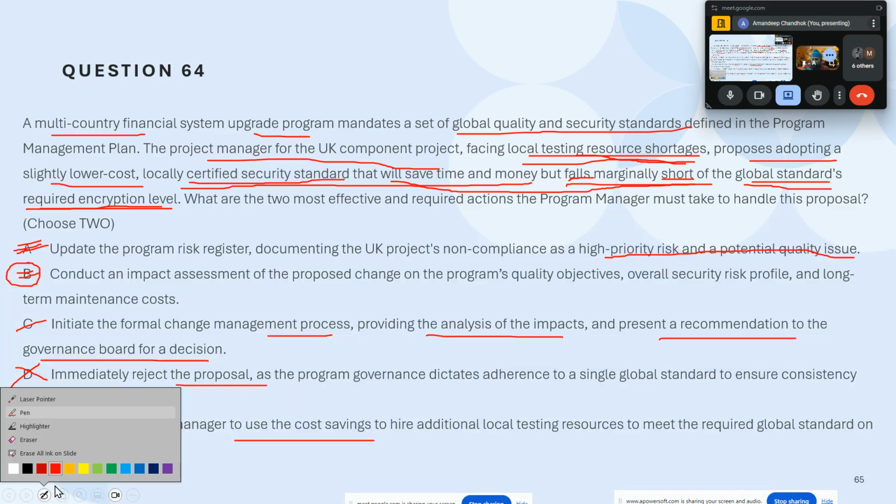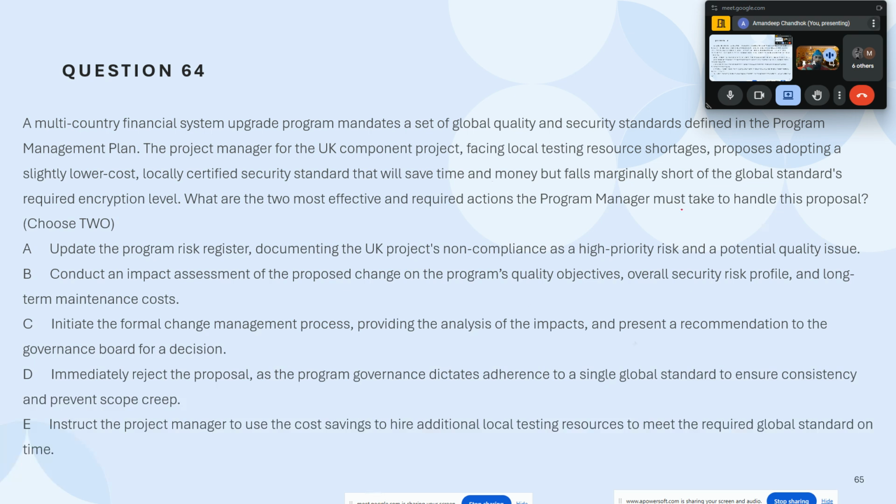I'm just going to clear off all because there's a lot of ink now. In the question, do we have anything which talks about risk? Do we see any keyword like threat or anything like that? Not necessarily, right? So we don't have anything on risk. Now what we are saying is required actions.